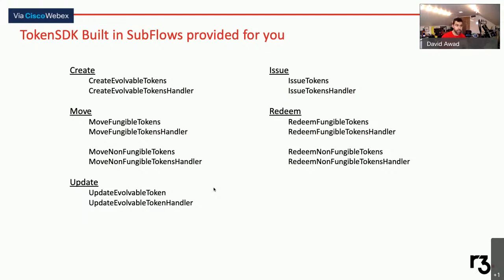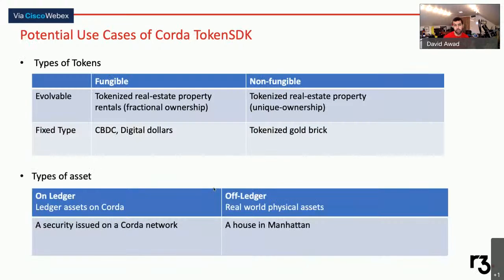And so you are free to look into any of these methods within IntelliJ or online to make sure that you are using the right flows or the right subflows for your particular use cases. And so now that you have this idea, you can start to see what the potential use cases are really going to be, right? To summarize, there's a lot of different types of tokens.